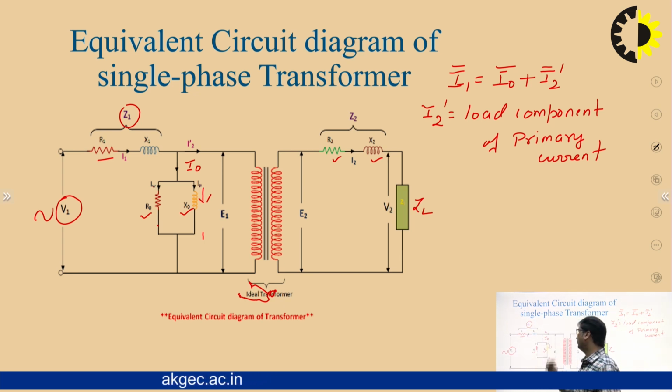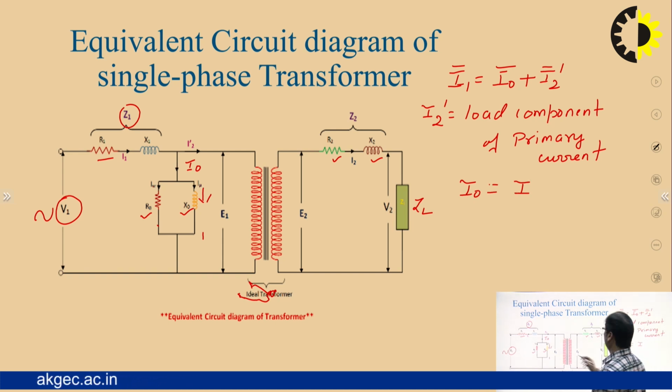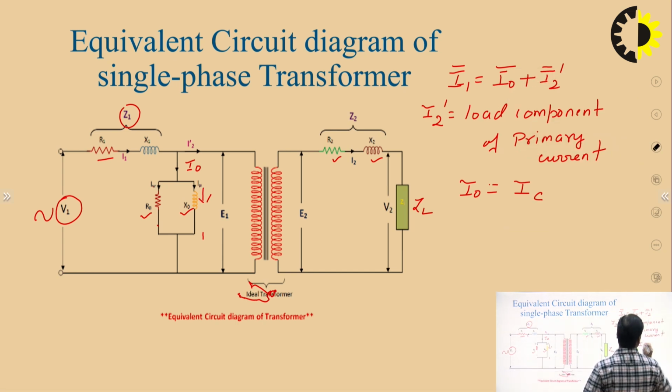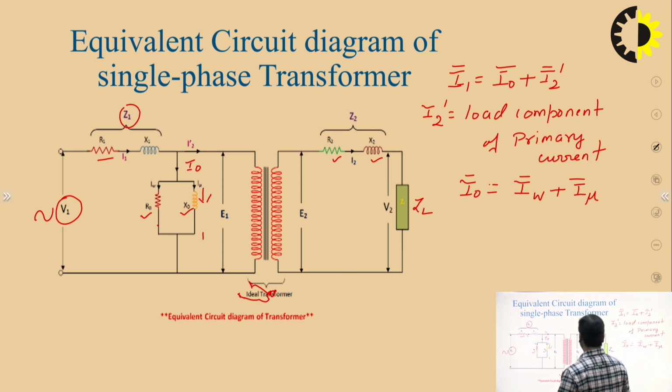These are the two components of the no load current: the core loss component IC, or you can write IW, it's the same thing, the working component, and I mu, the magnetizing component.